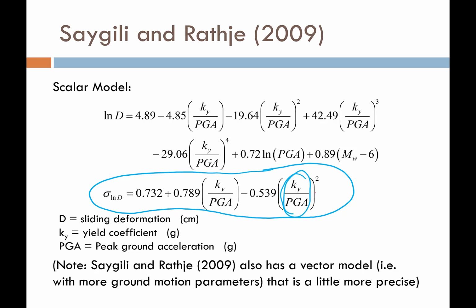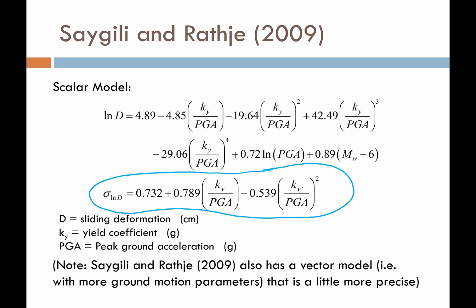So here's your word for the day. They observed that their uncertainty was what we call heteroskedastic. And so to account for that heteroskedasticity, yeah, that's a fun word. Try saying it. Heteroskedasticity. To account for that, they have an equation whose standard deviation changes as a function of your input parameters.